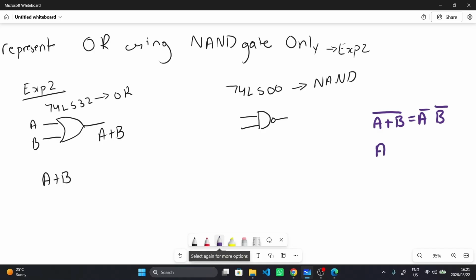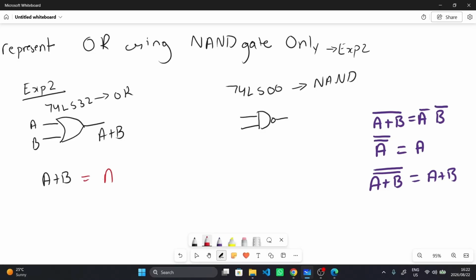And also, if you remember this rule, the complement of the complement of A is same as A. So meaning the double complement of A plus B is same as A plus B. Right, we agree? Now if you check this variable here, the complement of A plus B is similar to this variable here.